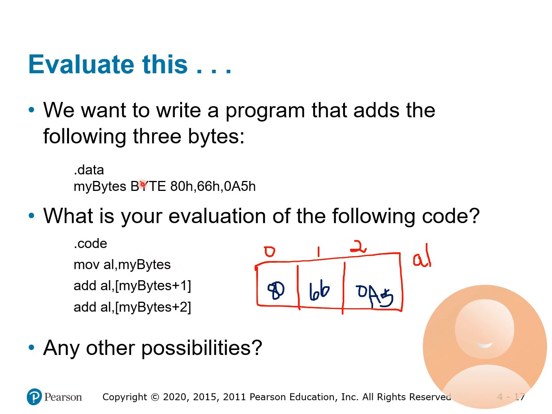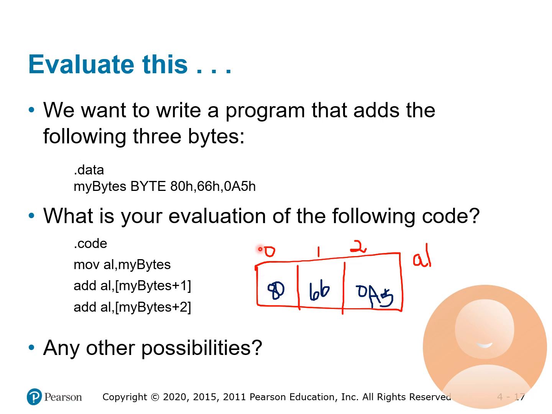Now remember that it's a byte, so it has to be the register AL. It cannot be AX, it cannot be EAX. So they move my bytes to AL, and then they add the 66 plus AL. AL has the 80, so these two get added together. And then now AL has the sum of these two, and so then AL gets added to the very last one, which is A5.